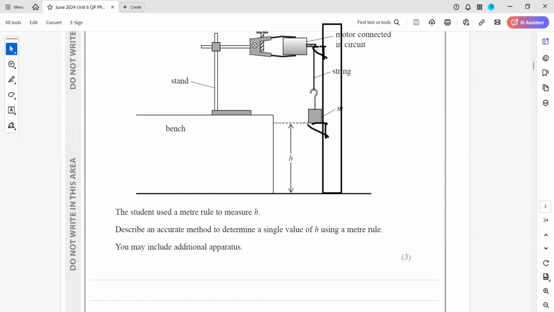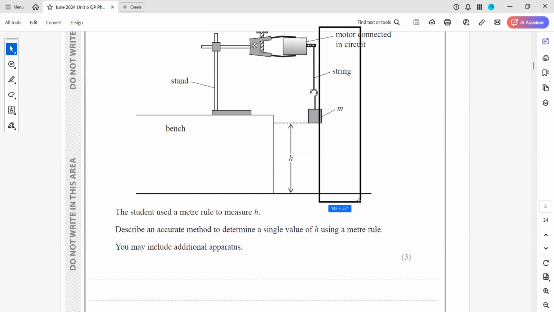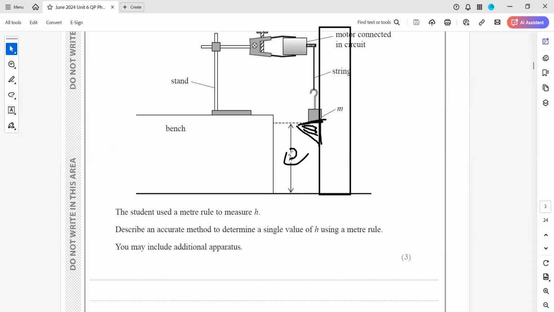Or directly, this is acceptable. Usually for measuring a height directly, you will get the height directly here. If they ask for a suspended length, then the total minus this gives the suspended length. So I can mention: place a meter rule next to the mass, look perpendicular, avoid a parallax error, use a set square, and measure this height. That is what I have to mention. Is it clear?